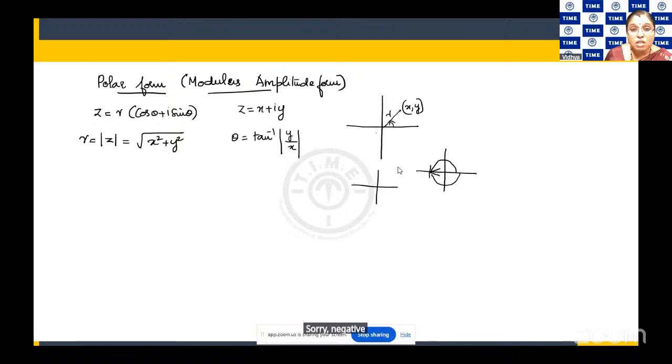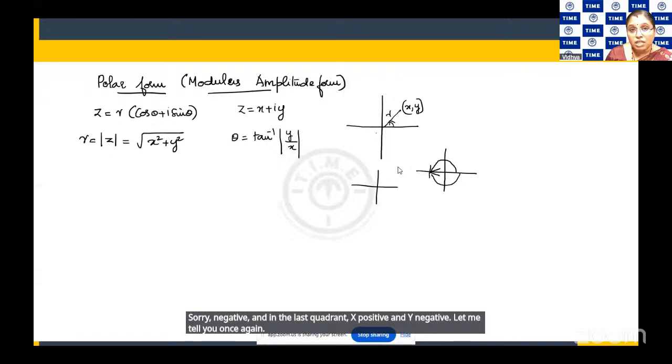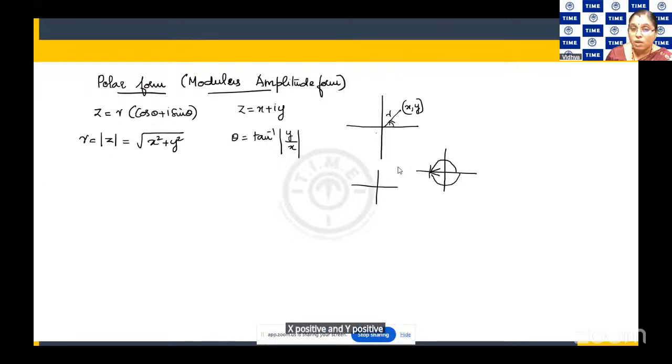And in the last quadrant, x positive and y negative. Let me tell you once again: x positive and y positive in the first quadrant; second quadrant, x is negative, y is positive; third quadrant, both are negative; and last quadrant, x positive, y negative. So using this, we can understand in which quadrant a complex number lies.